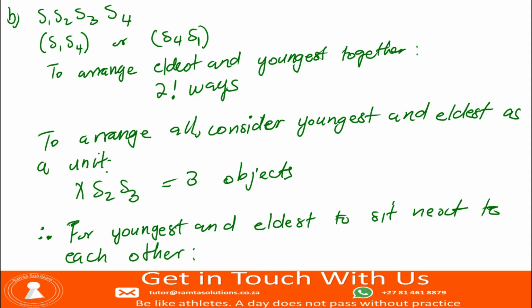So this will be 2 factorial, the arrangement of eldest and youngest sitting next to each other, multiplied by 3 factorial, because eldest and youngest are a unit, considering that we also have the rest.